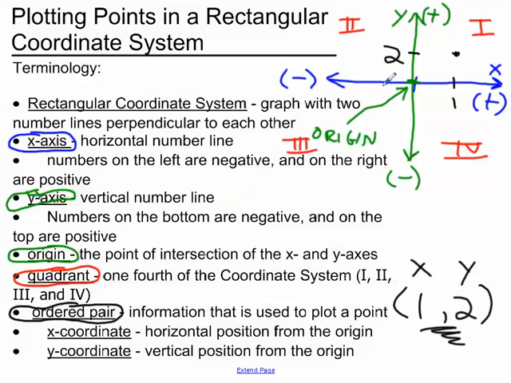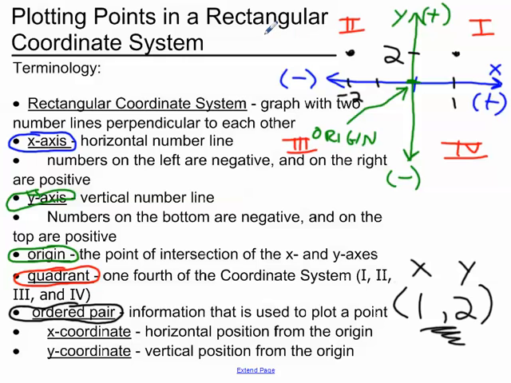And correspondingly, if we had something maybe over here, this point would be maybe -2, because in our x-axis, positive would be over here, so we'd measure in the negative direction from our origin this way to get our -2 value for x.